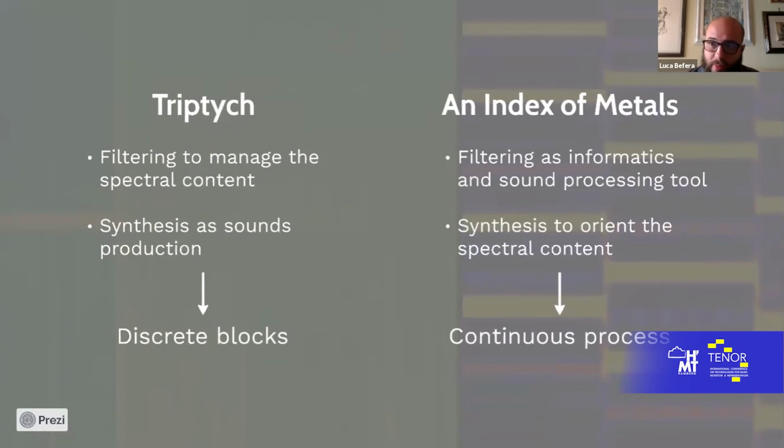The composers' perspectives emerge as complementary. In Triptych, filtering is a useful tool to manage the spectral content, while synthesis is a means for sound production. In An Index of Metals, filtering is a tool used in the production of the electronics, whereas synthesis is a model to render the spectral content.